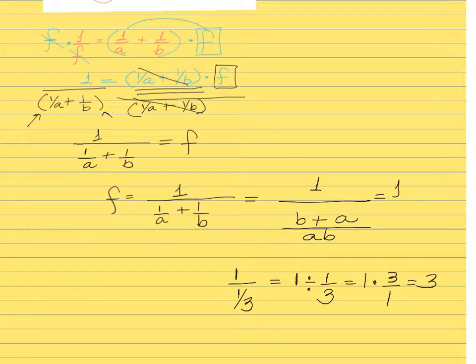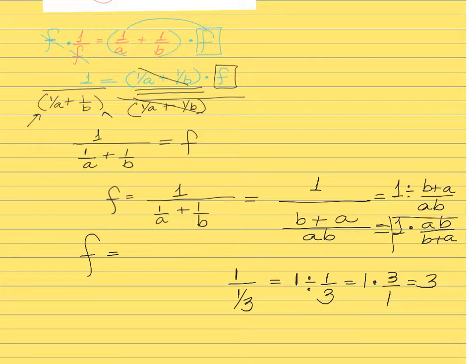So let me see over here. If I'm dividing b plus a over a multiplied by b, that expression is the same as multiplying by the reciprocal. So in other words, over here I have that expression, which is the same as a multiplied by b over b multiplied by a.